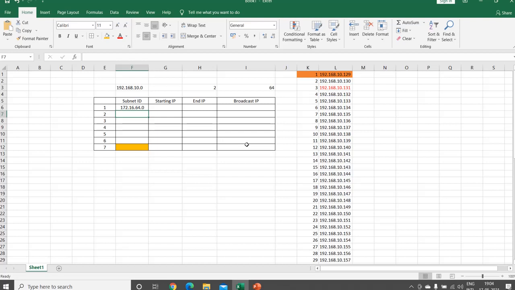So again another 64 we have to add. 172.16 dot 64 plus 64 is 128.0. Then 172.16 dot 128 plus 64 is 192.